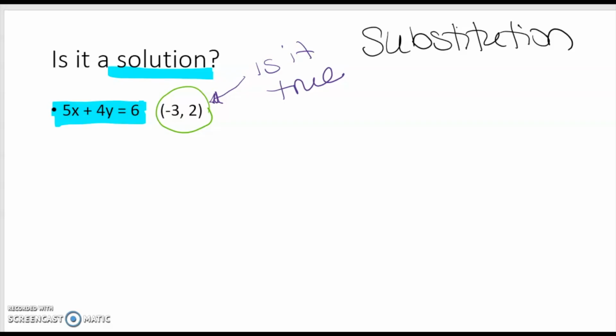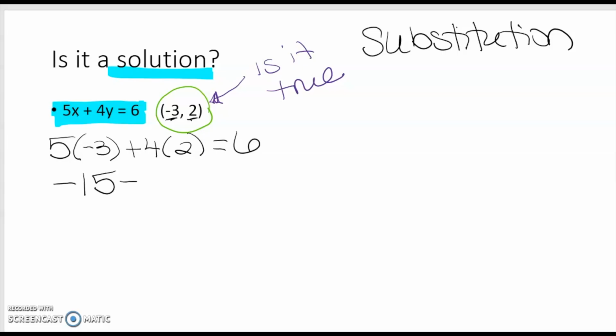All we're going to do is take this ordered pair and plug it in. So we have 5 times x, the x value is -3, plus 4 times y, the y value is 2, equals 6. So we just follow order of operations. 5 times -3 is -15. 4 times 2 is 8.